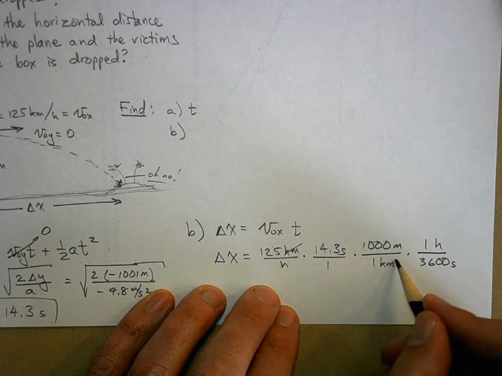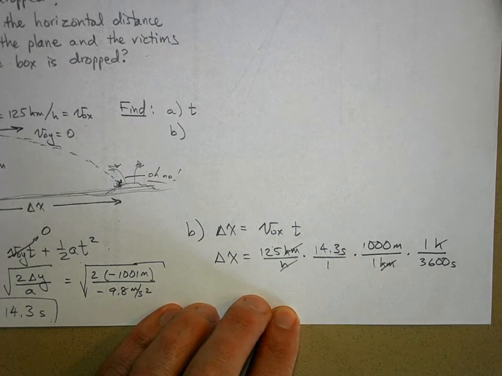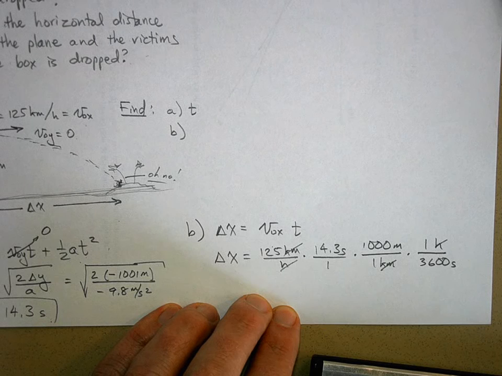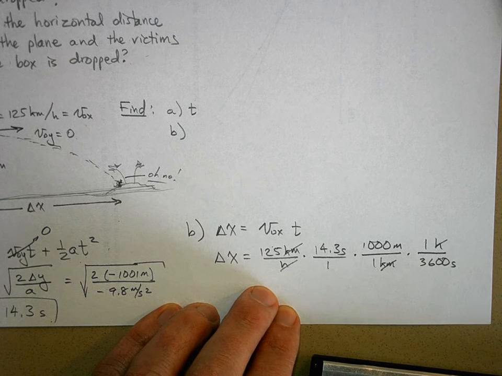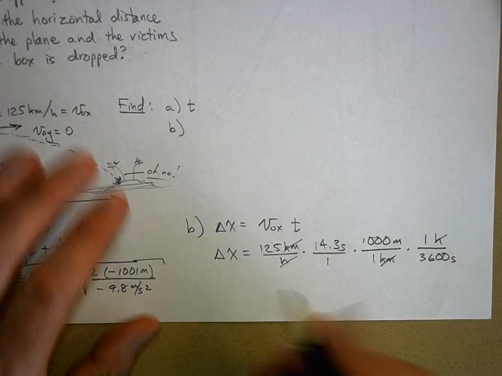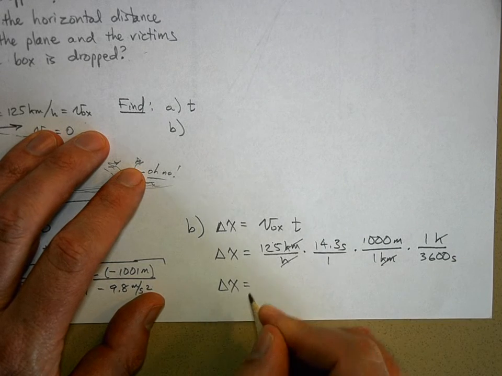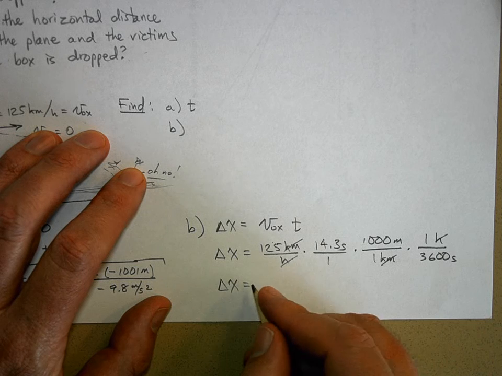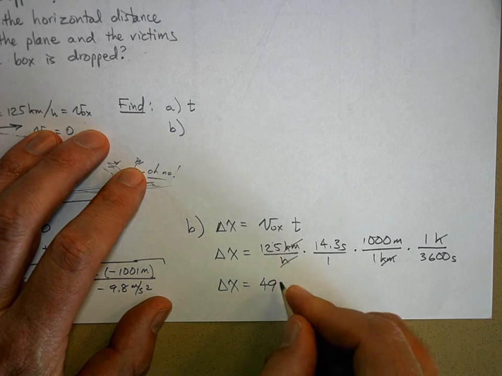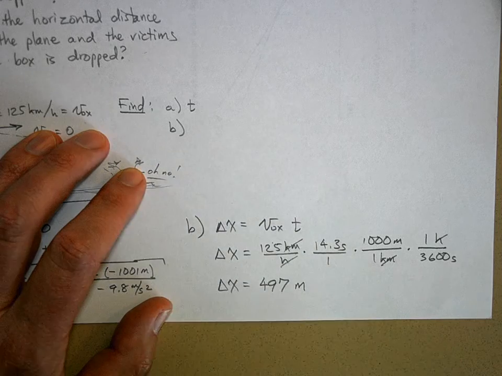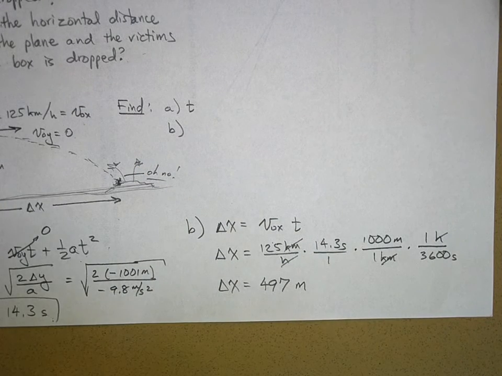So that cancels that. Hour cancels hour. Let's do the arithmetic. And you get a delta x, a horizontal distance of 497 meters.